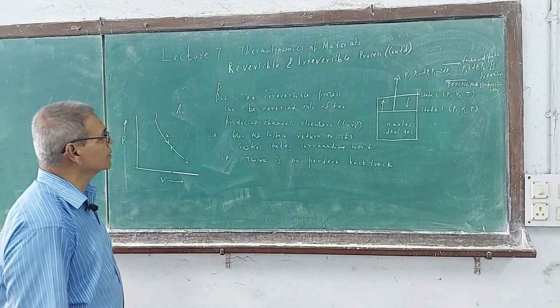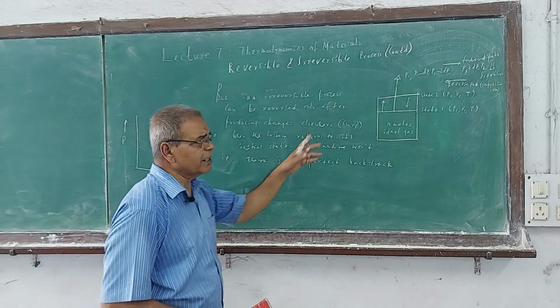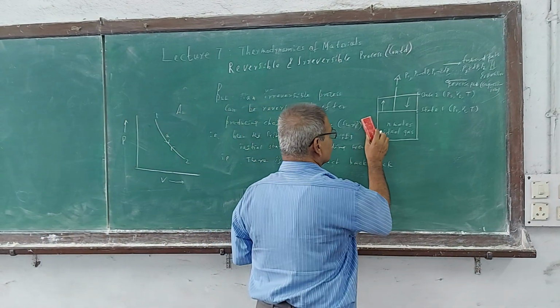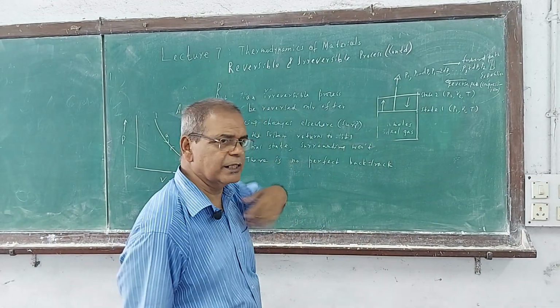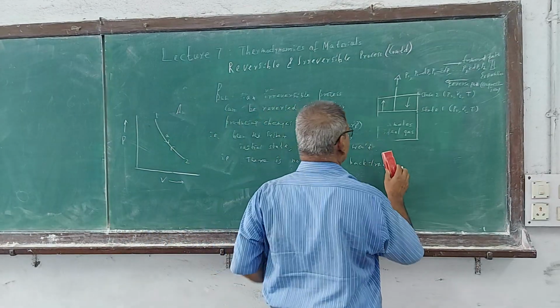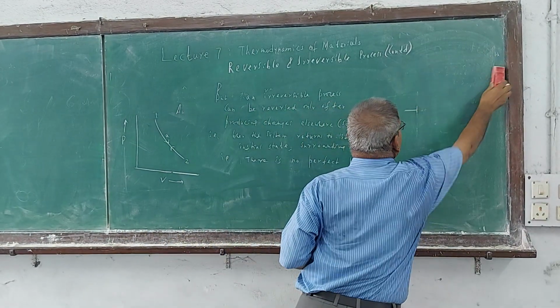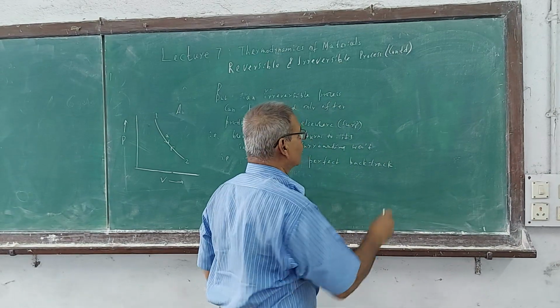I'll explain these things, okay? So you are clear. I'm removing this since you already know reversible. Irreversible: again, let us resketch. Follow this.